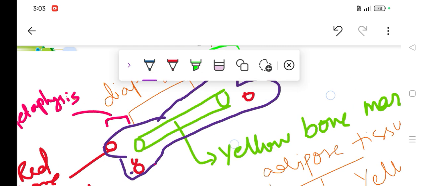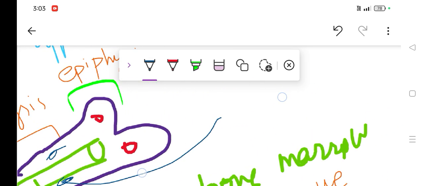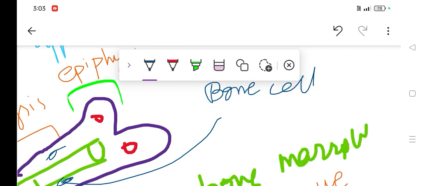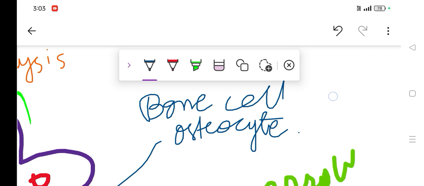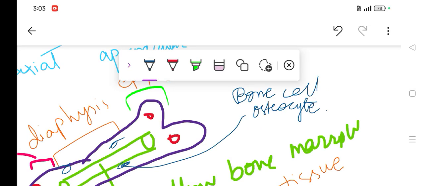Then here we have another kind of structure. This structure is called a bone cell, also called osteocytes. I hope it is clear. Then of course you might have seen our bones are made up of calcium, and they have so much calcium.